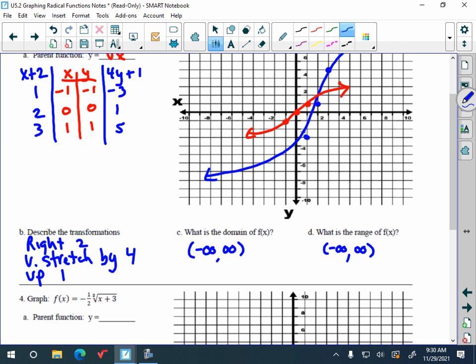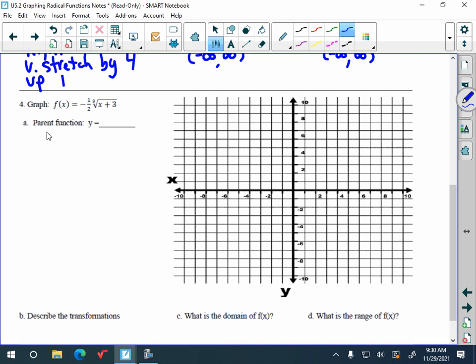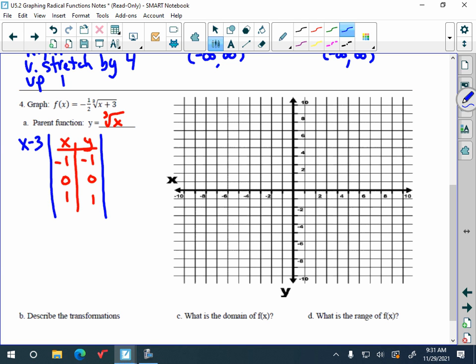Let's do this last one. Again, we have a cube root. So -1, 0, 1. Taking the cube root, we get -1, 0, and 1. Subtract 3 from all the x's.